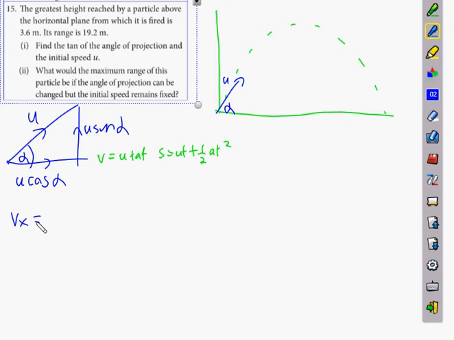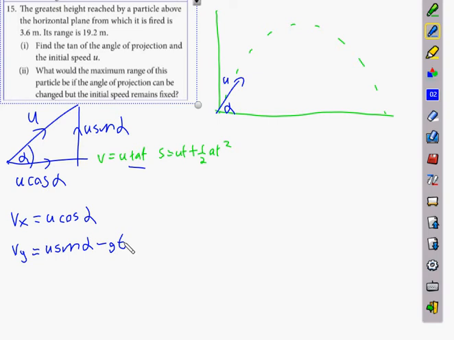Why? Gravity doesn't act against it, so it just stays as u cos alpha. What about Vy? It's u sin alpha, and it gets affected by gravity, so the plus at is a minus gt because gravity is working against it.